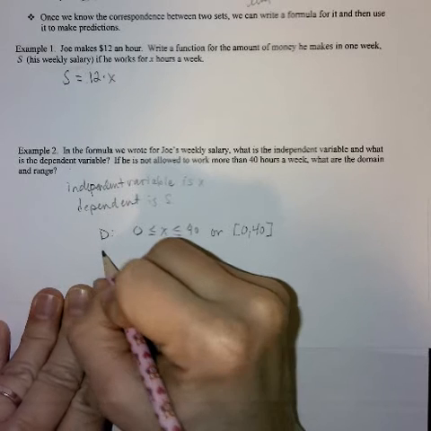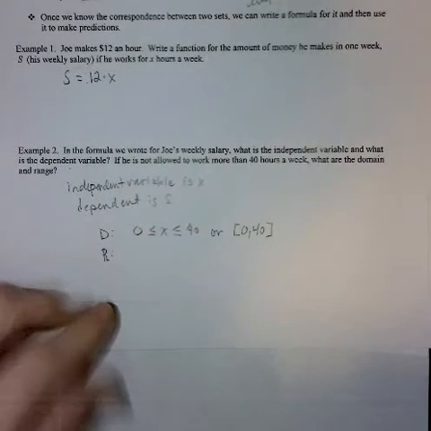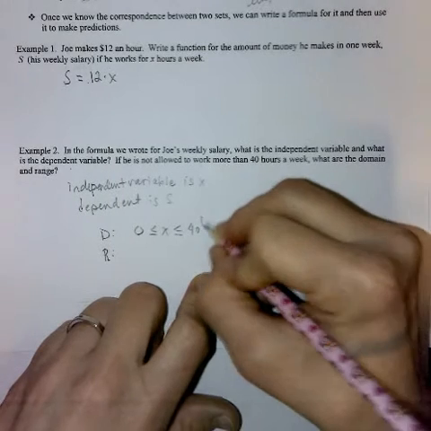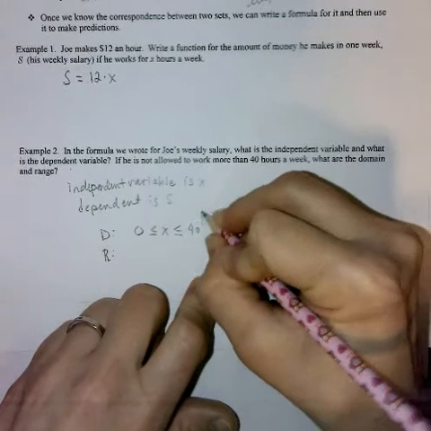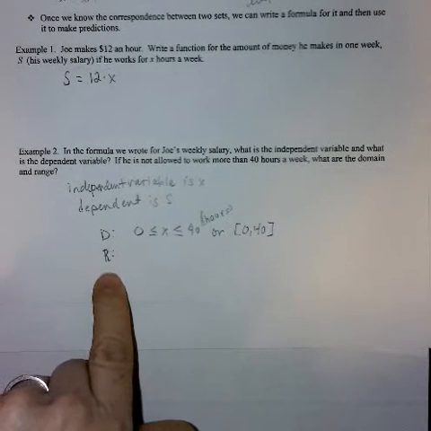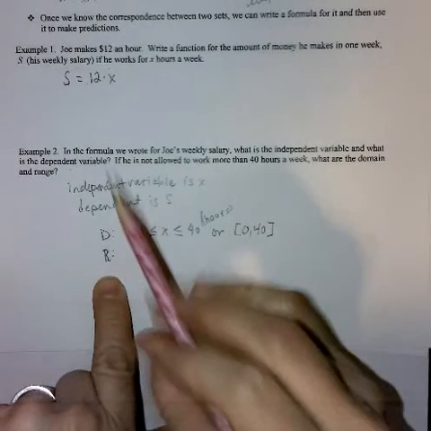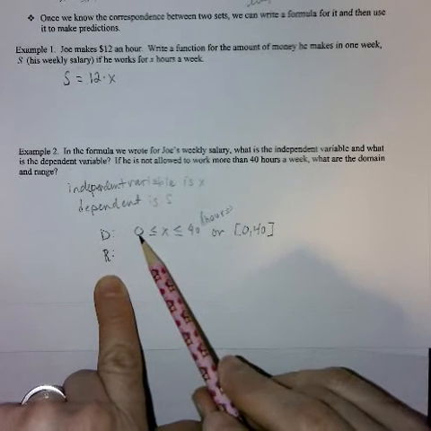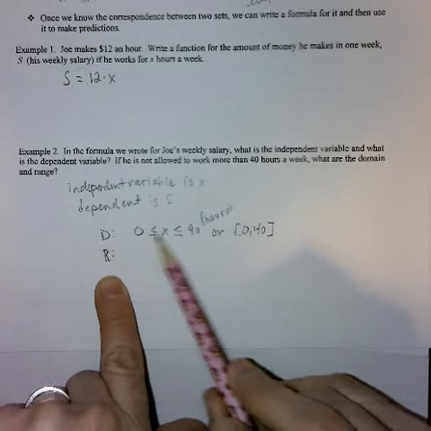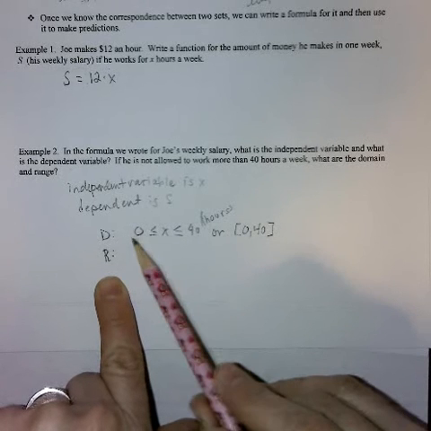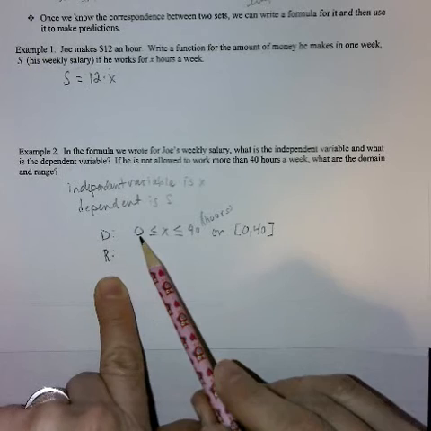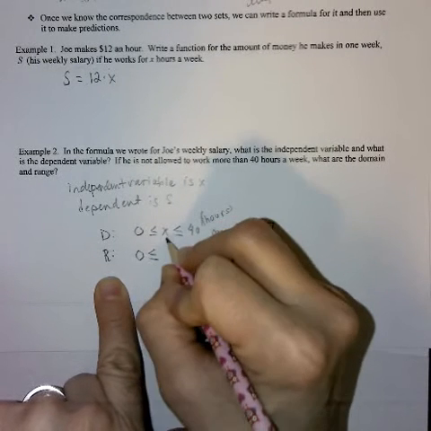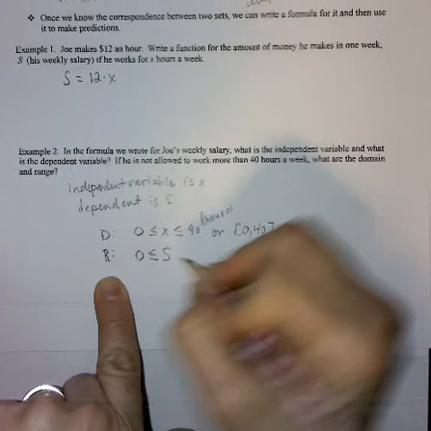And then the range here. The domain is the set of inputs, that's how many hours he works. You can maybe hear my dog barking in the background, sorry. The range is his salary. So you just say, okay, he's got this continuous amount of hours he could work in a week. If he works no hours at all, he's not going to make any money. The range is the amount he's making, right? And this is going to be S instead of x, his salary.